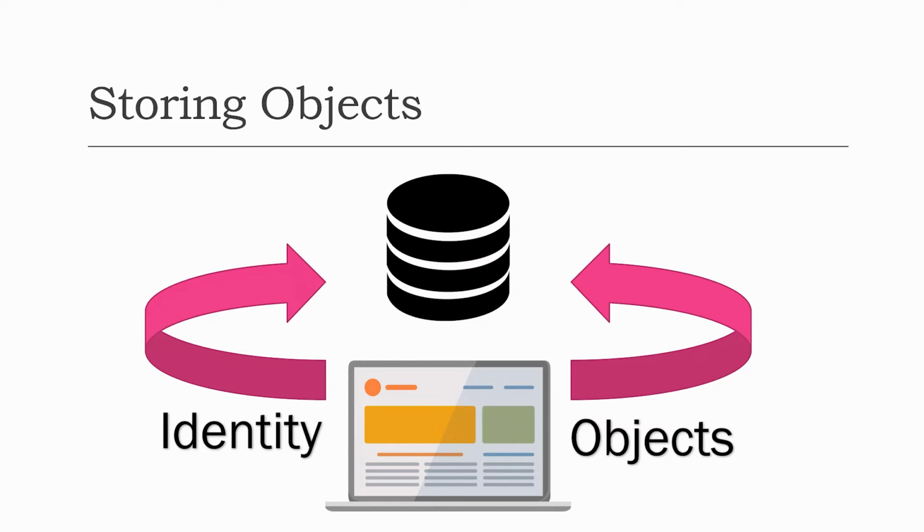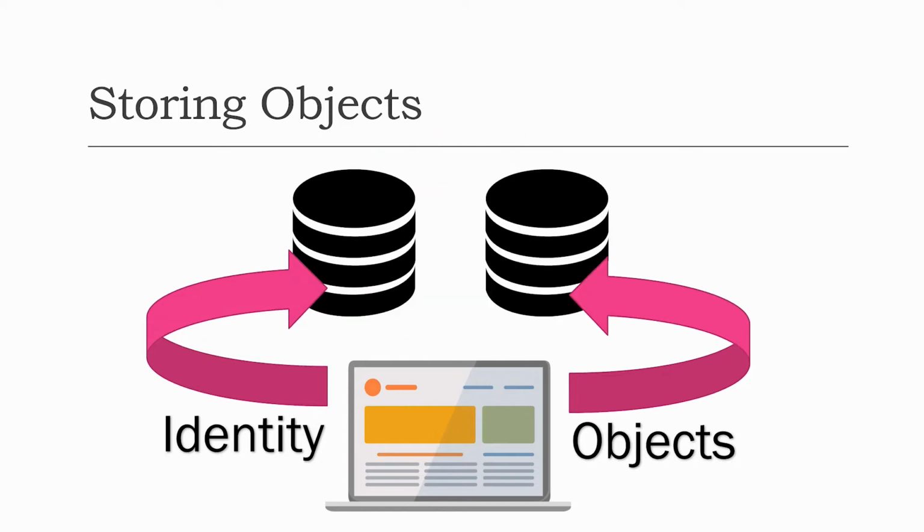There's a risk of this, because if you generate a bug in one of those two areas, it's going to have a disastrous impact on both of them. So the best thing to do is to keep them separate and to ensure that you've got one database for your identity and one database for your objects.